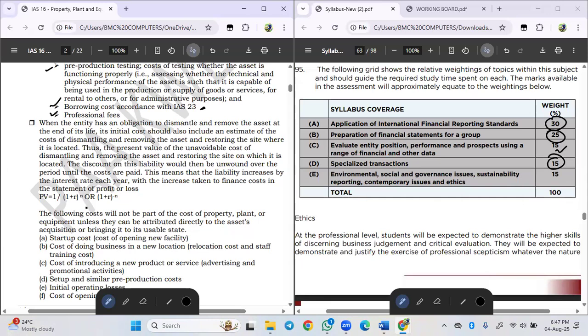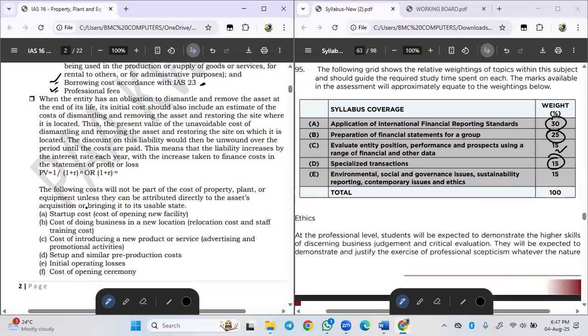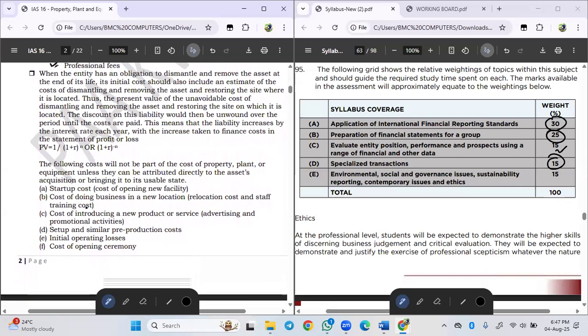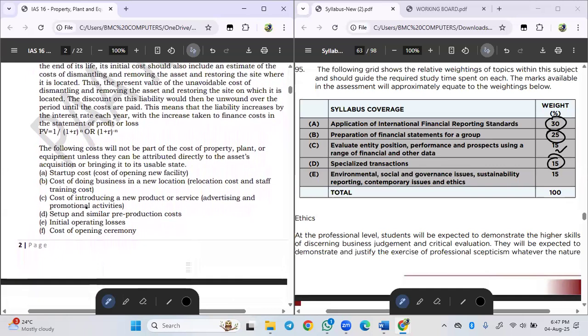The staff training cost cannot be added to the cost of that particular plant. Okay. Cost of introducing a new product or service. Sometimes you have to advertise, do promotional activities and all that. Those costs cannot be added. Okay. Setup and similar pre-production costs.